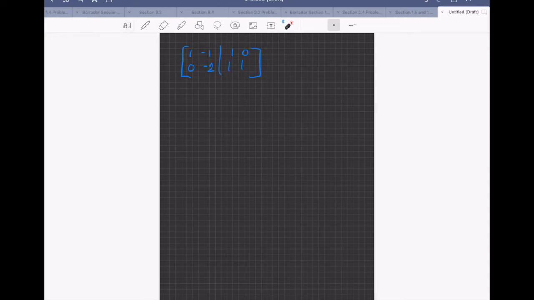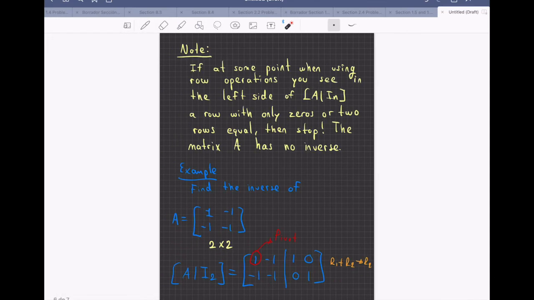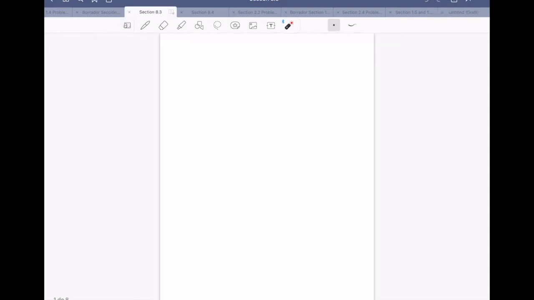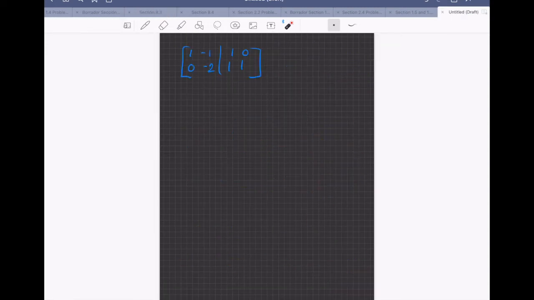Now we need to remember we need to have the identity matrix in this side. So now we need to turn into 0 the number in this position here. So what can we do in this case? I think I can multiply row. This is going to be a new pivot.